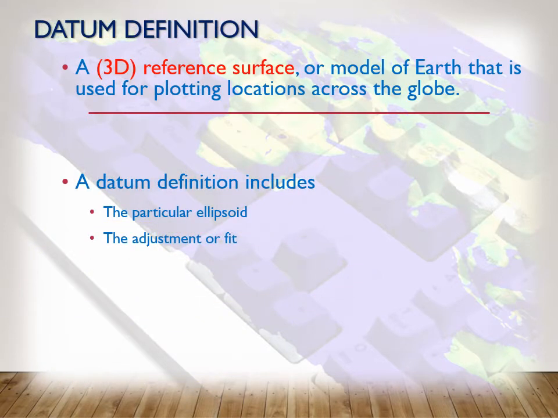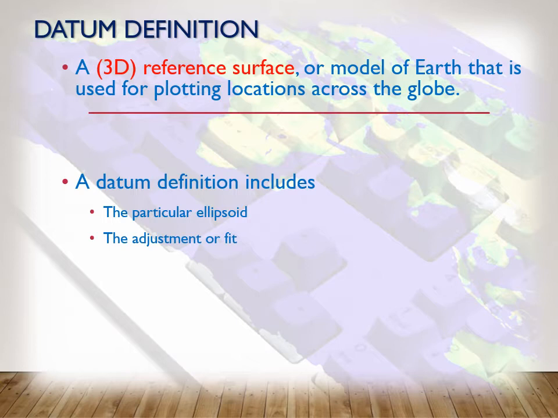Okay, what is a datum? So a datum, I have it basically defined right here. It's essentially a model of the Earth because the Earth is not a perfect sphere. It's actually flattened around the equator. And also, the surface of the Earth is pretty irregular.